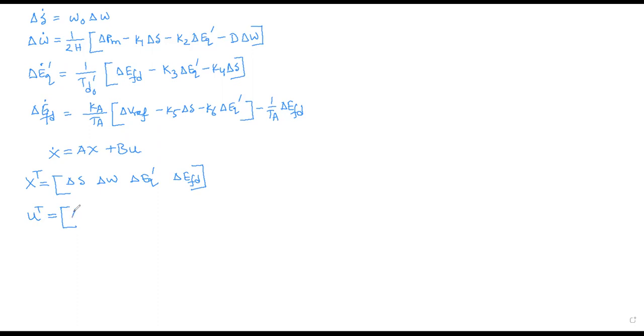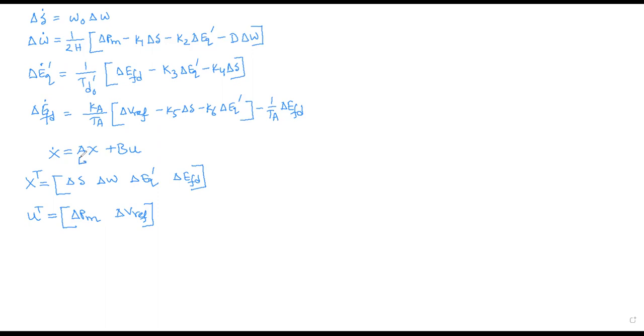Okay, we have del PM, this is the mechanical input, and we have del VREF. This is the reference input variation in the exciter circuit, and del PM is the mechanical power input variation from the prime mover side.